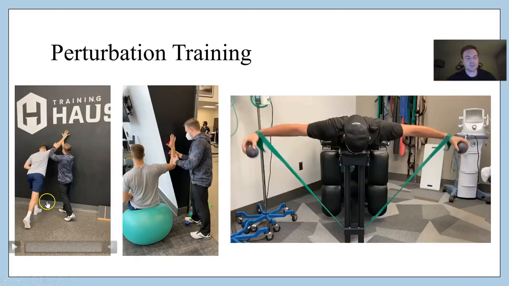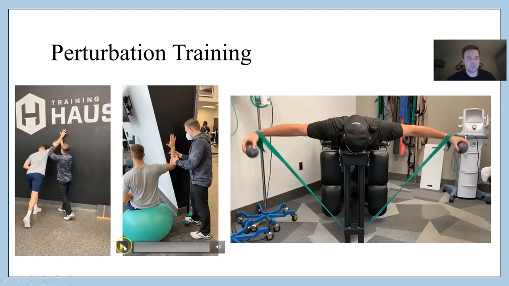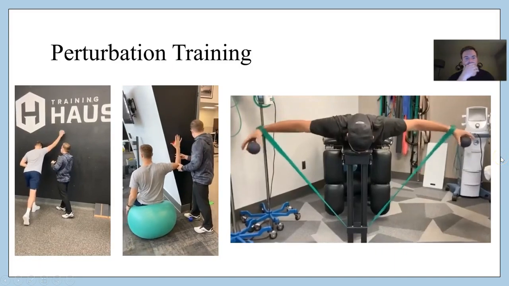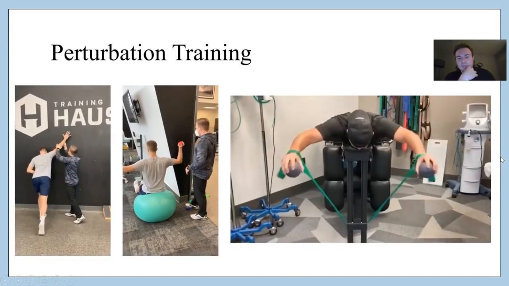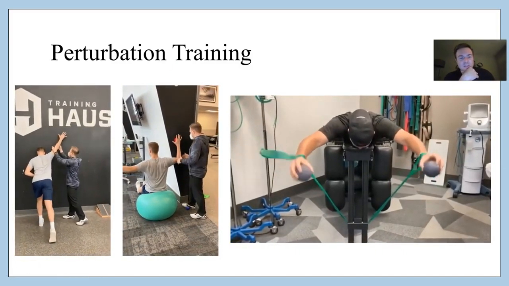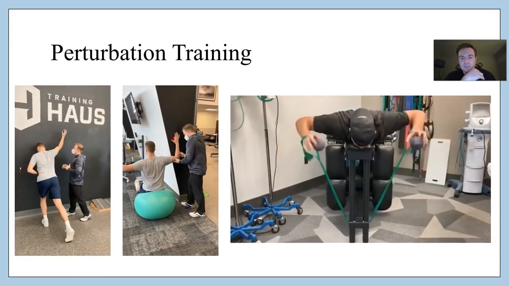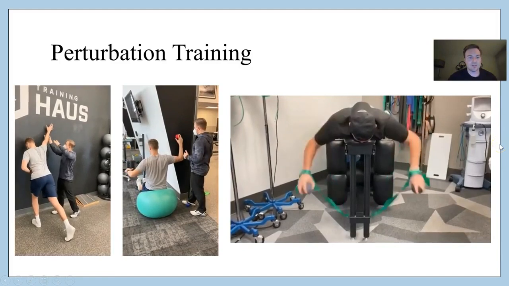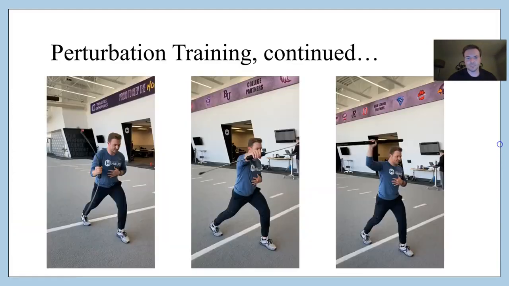You can also do things like perturbation training, which just helps with tolerance to force and gets all their periscapular and stabilizing muscle groups firing nicely. We'll try to go through some of these in class. Perturbation training continued.